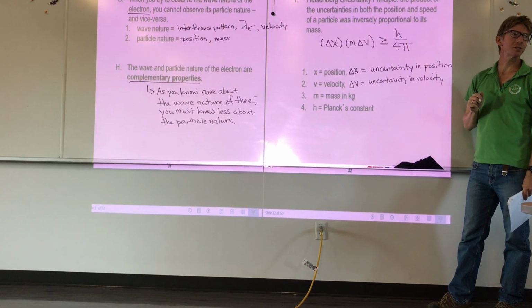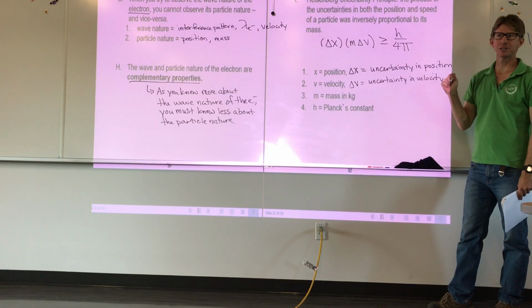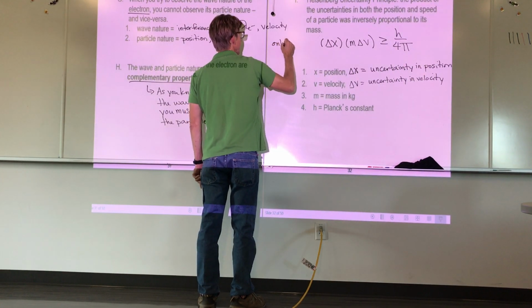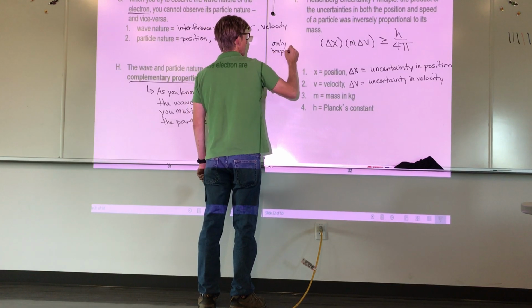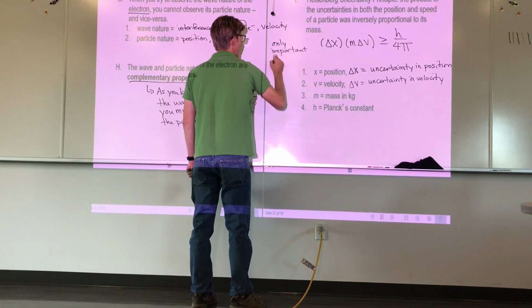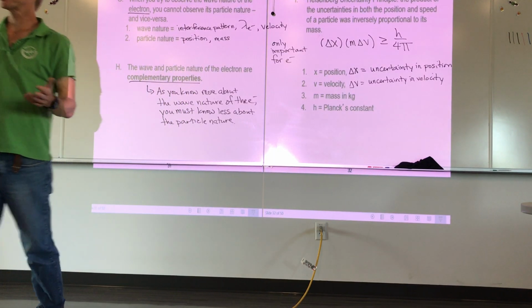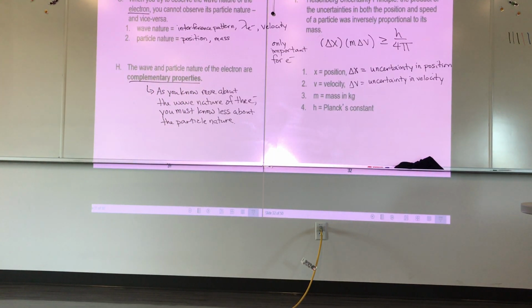This is another one of those things that only matters for electrons. And when I say only important for electrons, what I mean is in Chem 400, if this were a physics class, I'm sure there are other particles for which this is important as well.